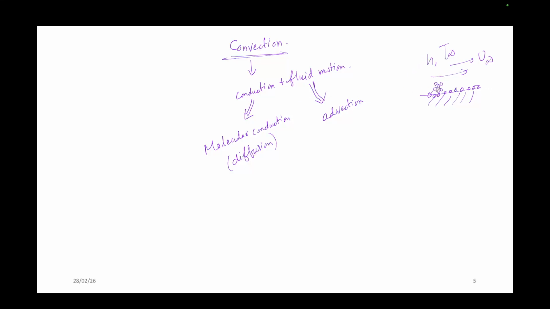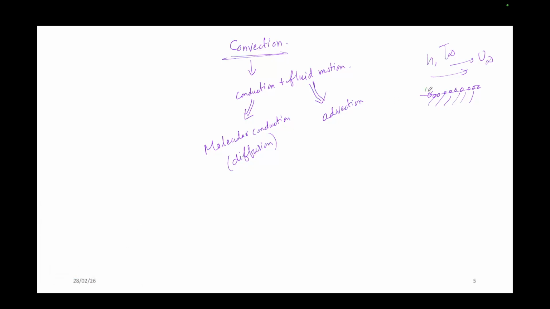This is because this fluid particle near the surface will be moving away by this fluid velocity, and because of this a new particle will come into this place. Previously it was this purple color fluid particle, and after a certain time this purple fluid particle will be replaced by another fluid particle. Say it is of green color.